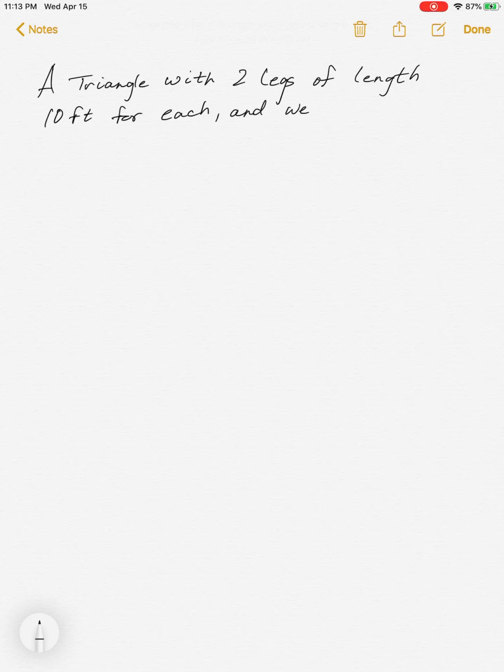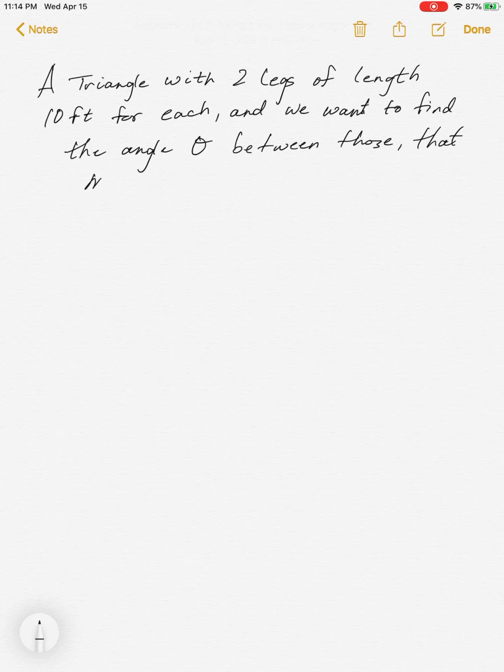And we want to find the angle theta between those legs that will maximize the triangle's area.